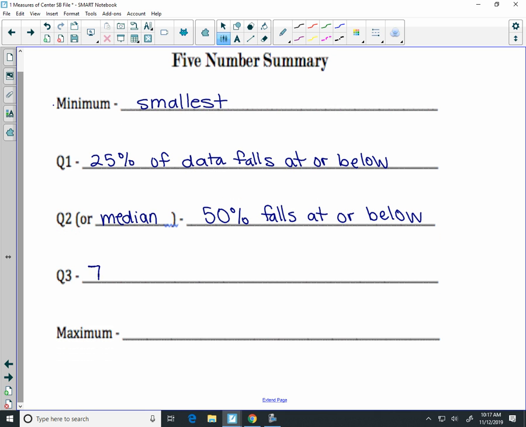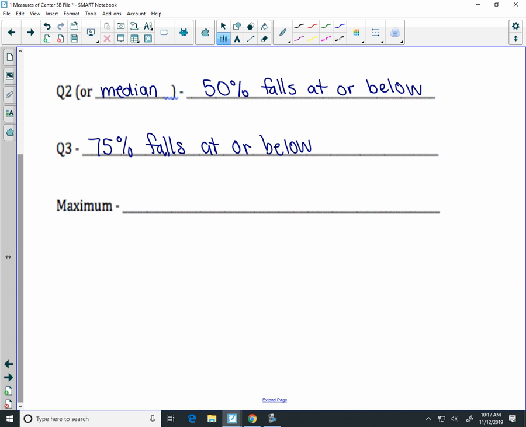Quartile 3 gives us that 75% number. And our maximum is our biggest piece of data.